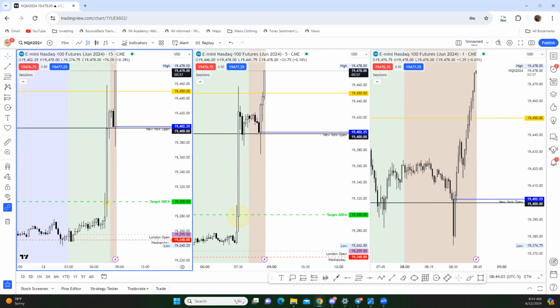NQ and ES are just running. I mean, in my career of doing this, I haven't really seen this much running. The markets are just running, which, it's fine. It's part of how it works, but it's crazy to see.